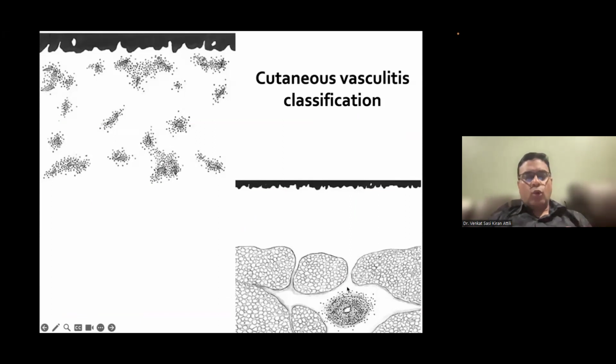In the skin, there are no large vessels. It's essentially medium vessels, and medium vessels is what we call large vessels in the skin compared to the smaller vessels that are present, which are the arterioles and the capillaries and the postcapillary venules. And sometimes there's also venulitis, and these are all very small, present higher up in the dermis or in the mid dermis, sometimes the deep dermis as well.